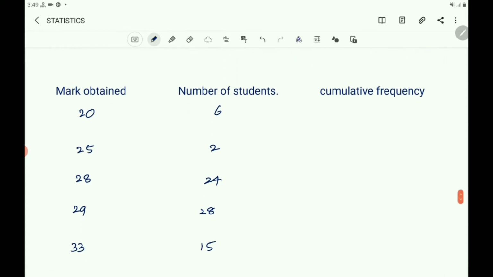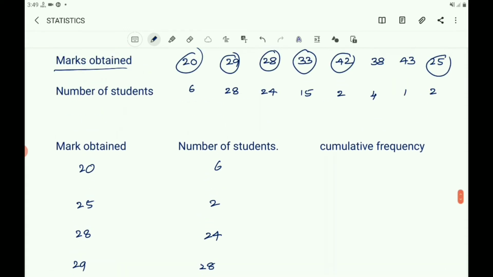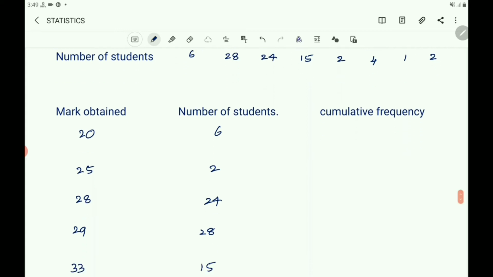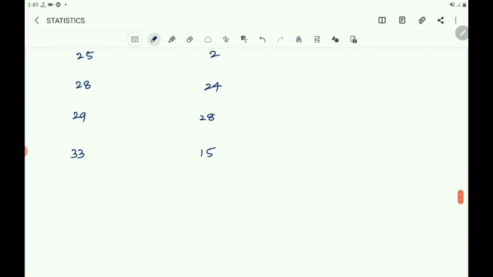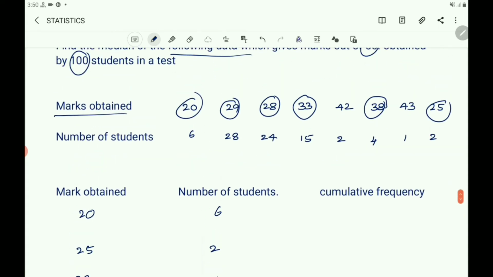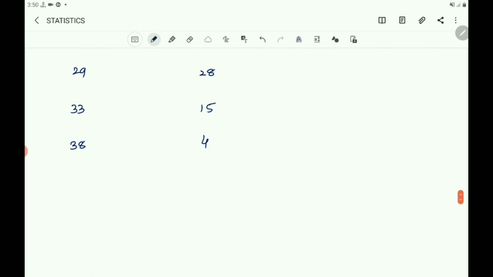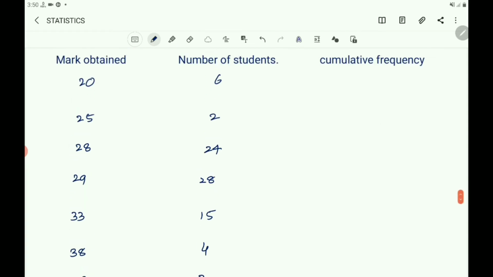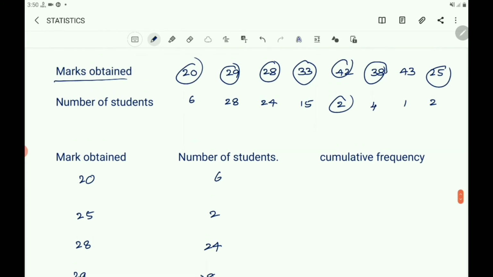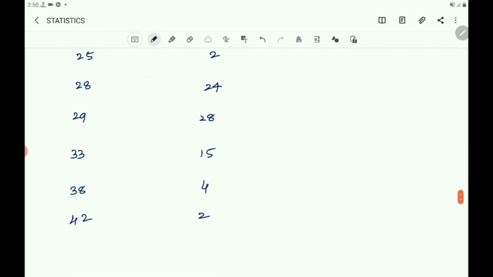Next we have to take not 42, we have to take 38. Its frequency is 4. Then you take 42, its frequency is 2. Then the last one is the maximum, that is 43. Its frequency is 1.